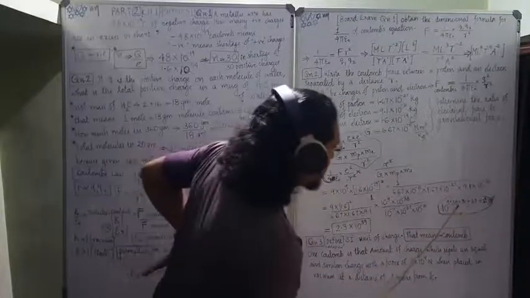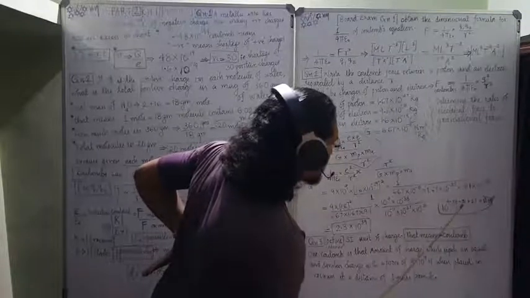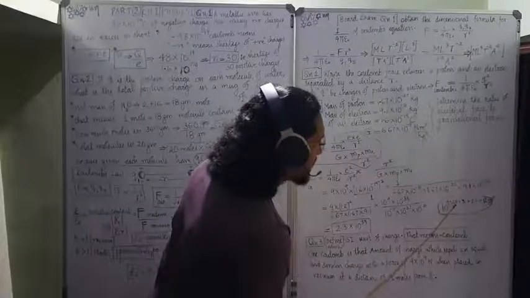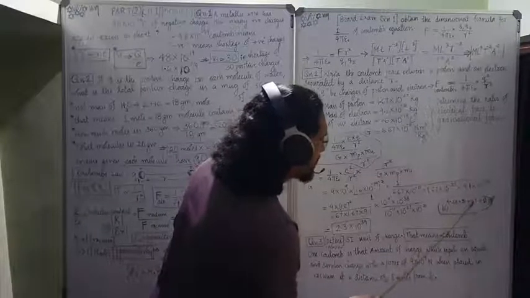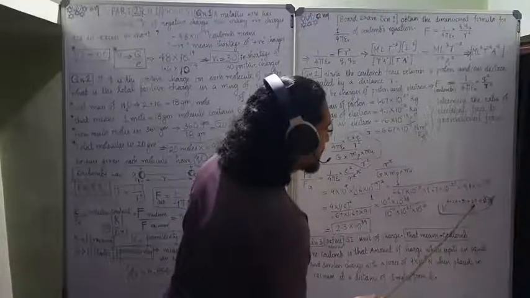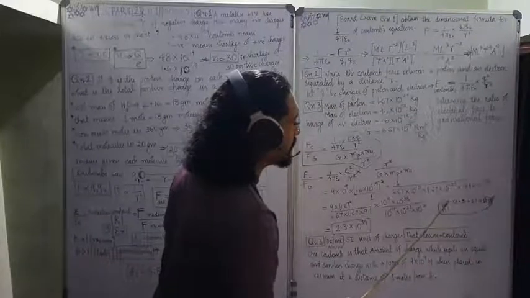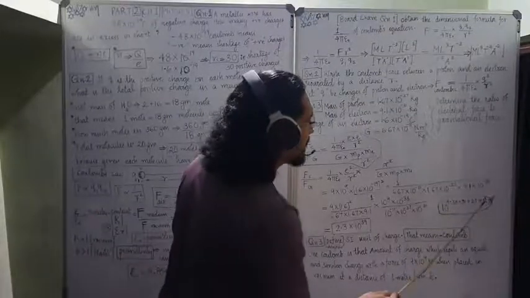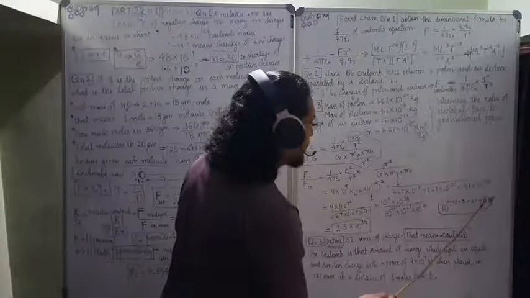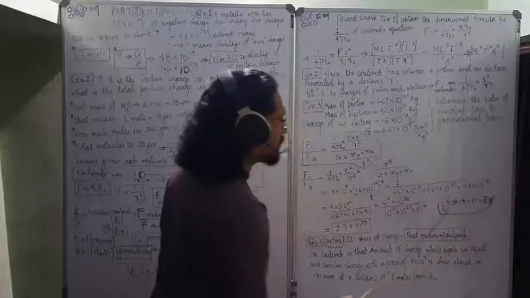Look here: minus 38 plus 31 is minus 7. Minus 7 plus 27 is 20. 20 plus 11 is 31.